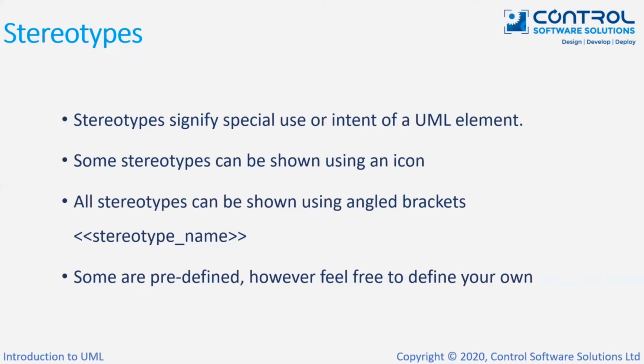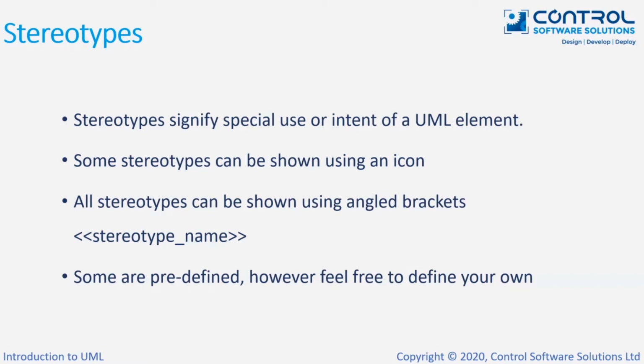The other thing, and this is quite an important thing to understand, is stereotypes. We use stereotypes to signify the use or intent of an element. Some elements can look quite common. You might want an element to be used in a certain way, and we can do this by applying a stereotype. Some stereotypes have default icons that you can use.